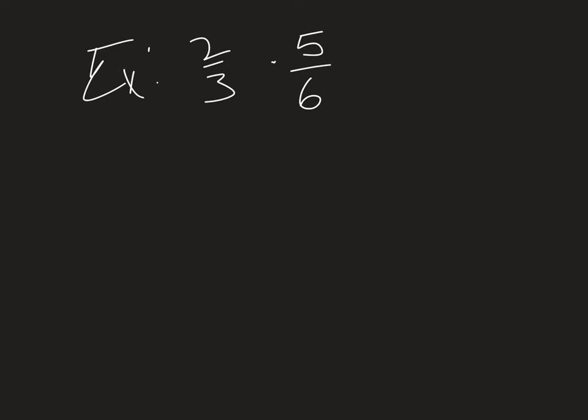If I wanted to multiply 2/3 times 5/6, it's actually pretty straightforward. We're just going to multiply the 2 times the 5 and the 3 times the 6. So there's the format that we just discussed with our variables. Now we can do some simplification here. 2 times 5 is 10, 3 times 6 is 18. So it's 10/18.